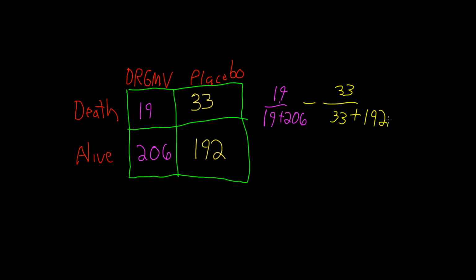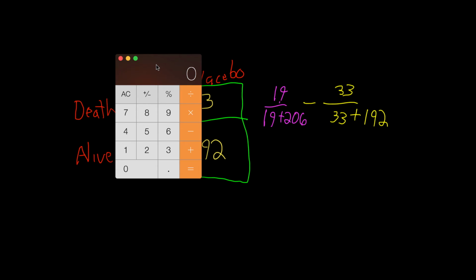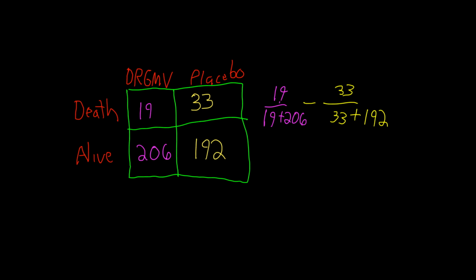So I'm just going to take 19 minus 33 and then divide it by 225. Pull up my calculator. 19 minus 33 divided by 225, and we get this value here. So let's go ahead and write that down.